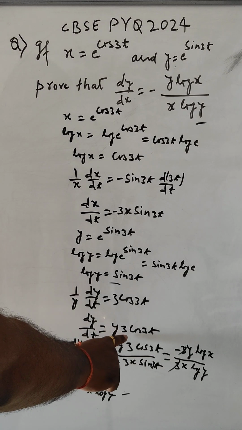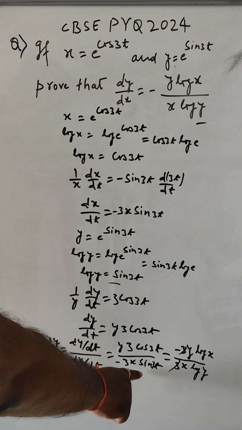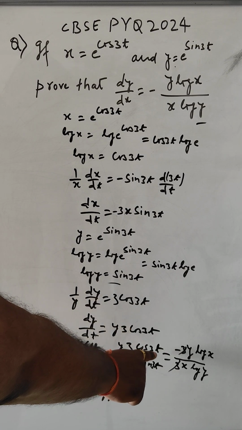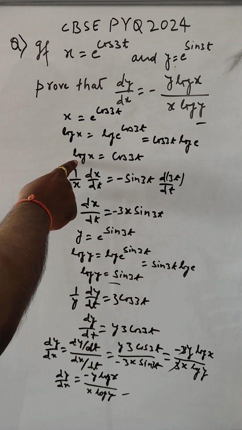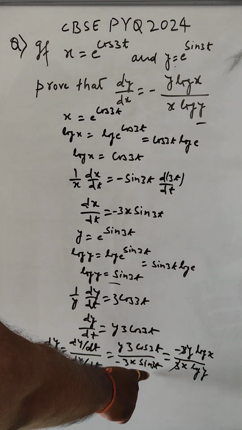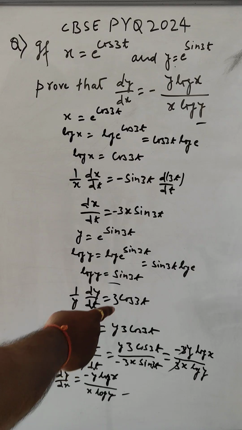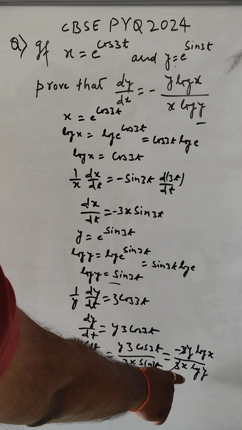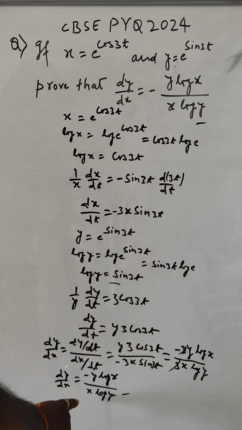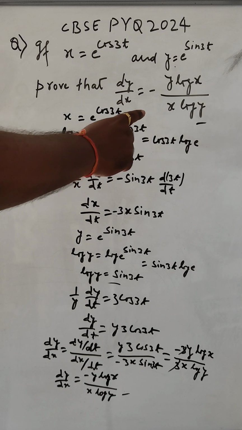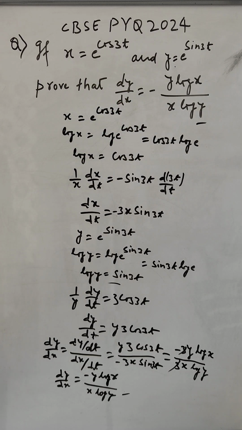The value of cos 3t is log x, so we have put log x, and the value of sin 3t is log y, so we have put this. The 3 cancels, so we get minus y log x divided by x log y. This is the required answer. Hence it is proved, LHS is equal to RHS.